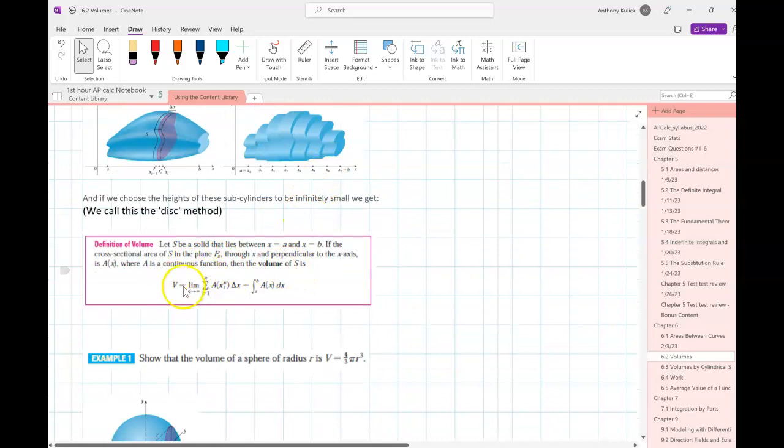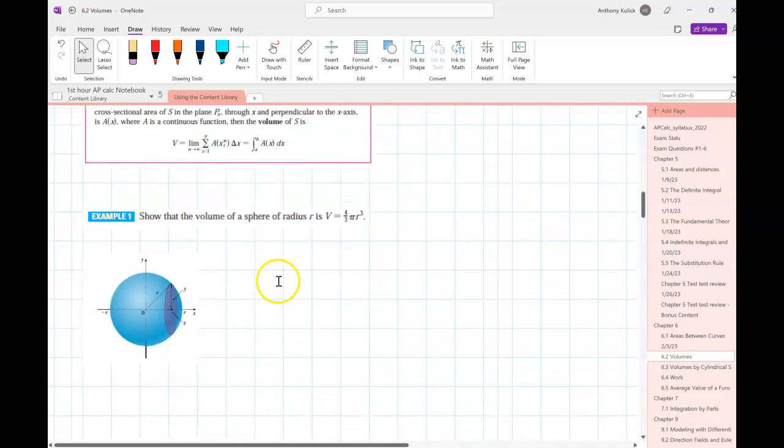If we take that to be infinitely small, so the limit as n goes to infinity, that sum will turn into an integral. So our integral from a to b of the area function, or area for the cross section, dx. That's what we're going to do.